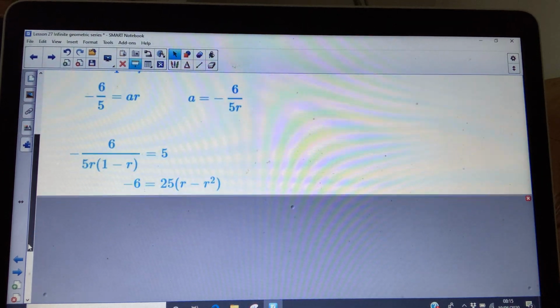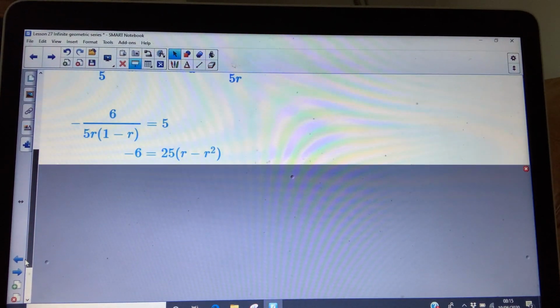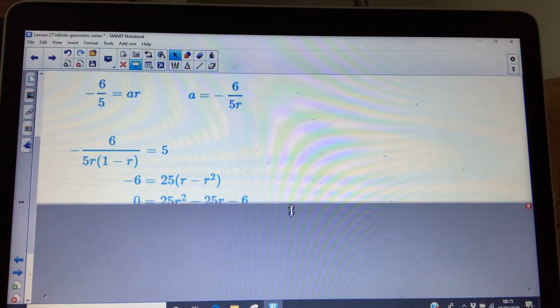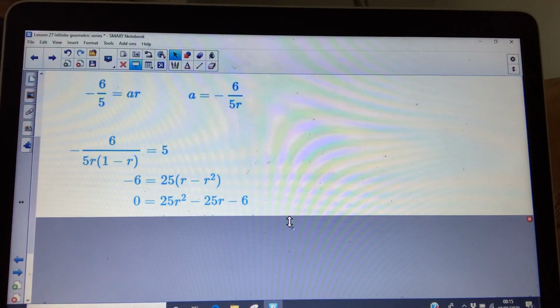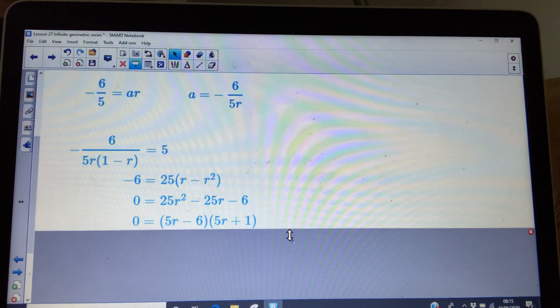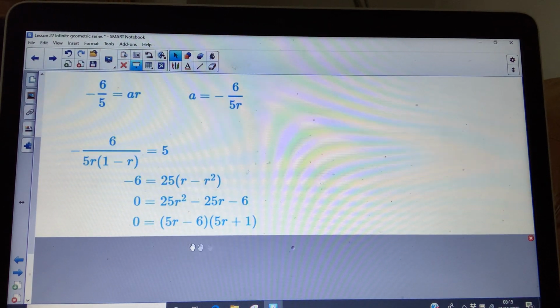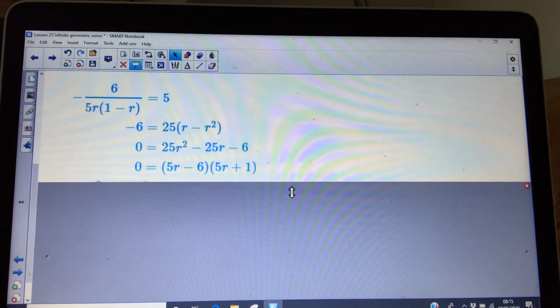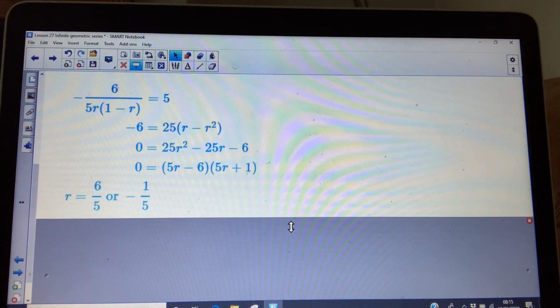Whatever happens here, you're going to get a quadratic in r, whichever method you use. So there's your quadratic. Again, if it doesn't say show detailed reasoning, pop that in your calculator and you can see that there you have your two values of r.